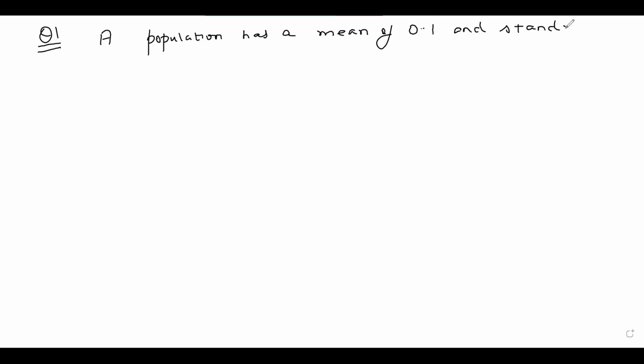So let me write the first numerical for all students. So this is question number 1. A population has a mean of 0.1 and standard deviation of 2.1.